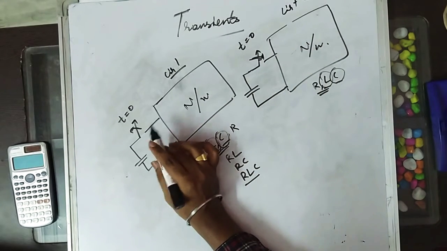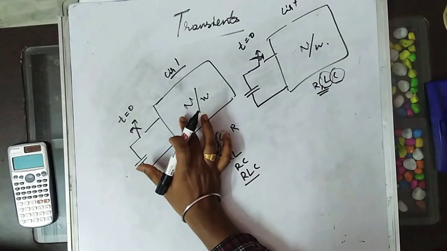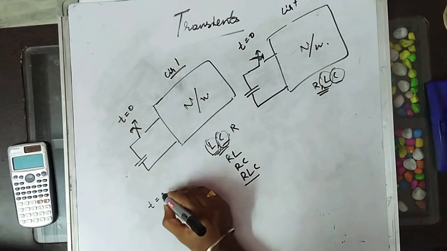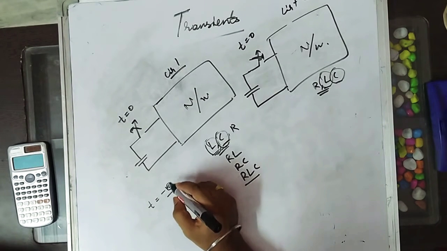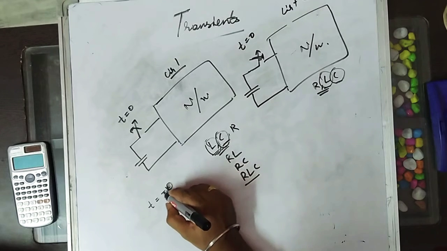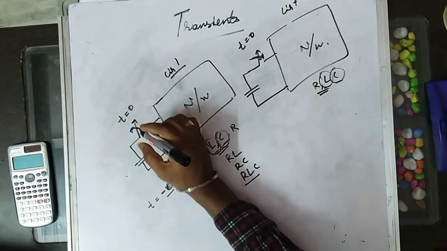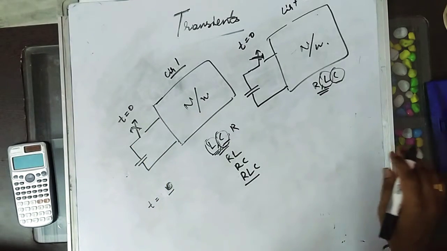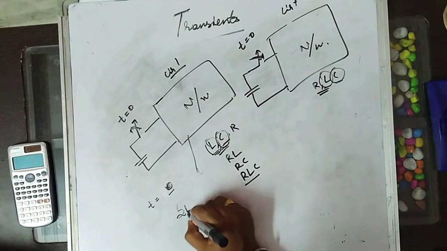That means for some finite time, from say t equal to minus 10 up to minus 0, the source is acting. And at time 0, I remove this source. If I remove that source, this circuit is said to be source free.